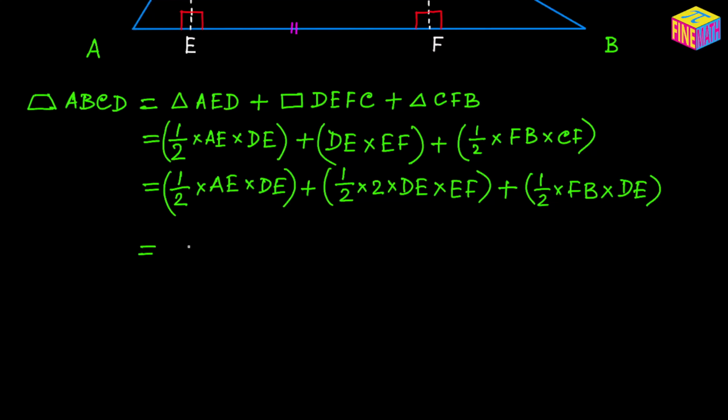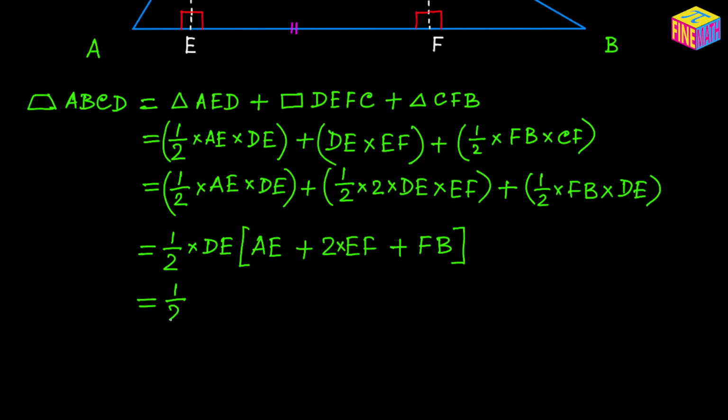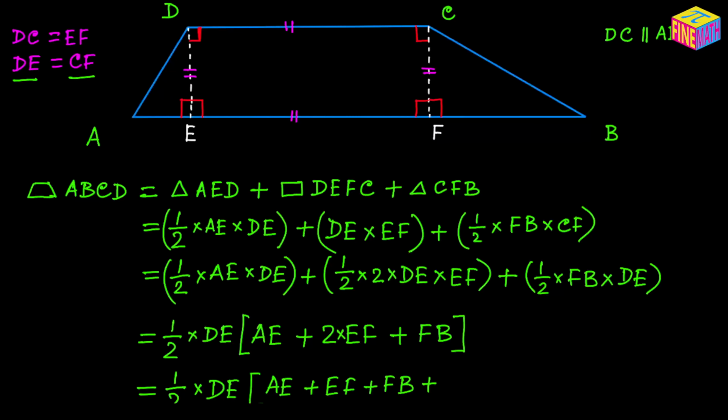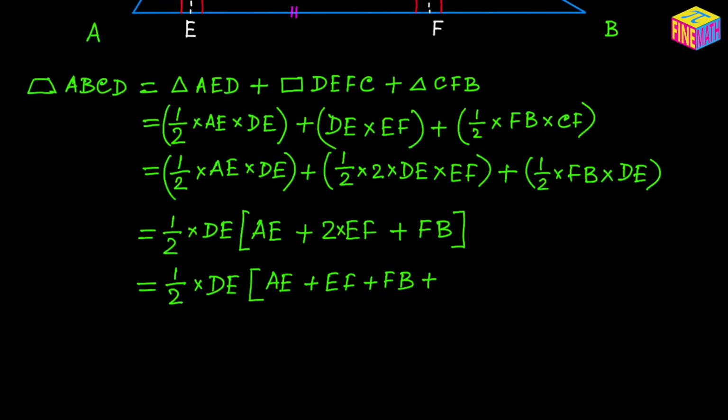If we take half times DE as a common factor, from the first term we are left with AE, from the second term we are left with 2 times EF, and from the third term we are left with FB. Let's rearrange this a little bit: half times DE times AE plus EF plus FB plus 1 extra EF. That 1 extra EF can also be written as DC, because DC and EF are equal.